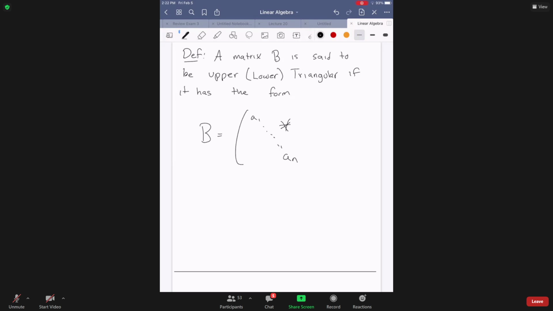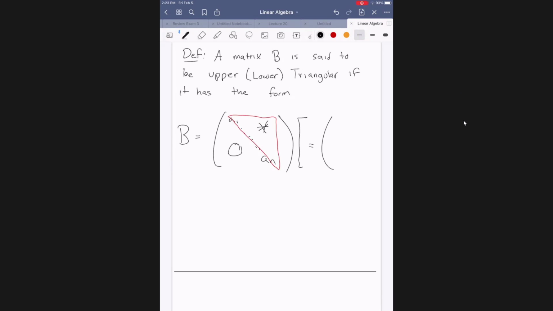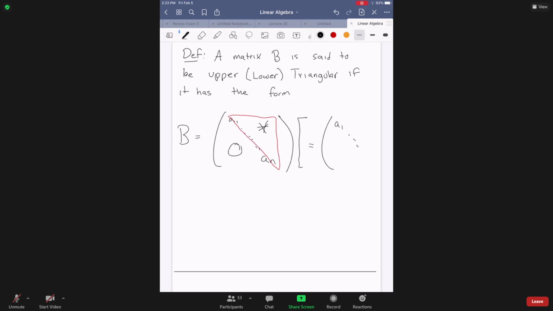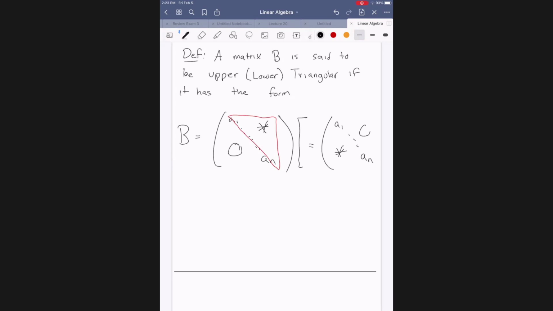They can be numbers, zeros or whatever, but the requirement is that it has to be 0 below this, okay? So you see how it forms a triangle, right? Upper triangular means you have stuff in the top and then zeros down below. And then same idea for lower triangular, it just means that you have stuff here and then zeros up here, okay?